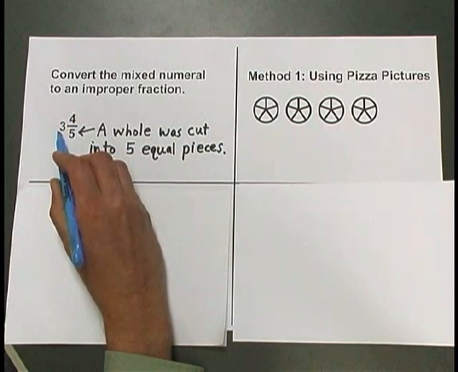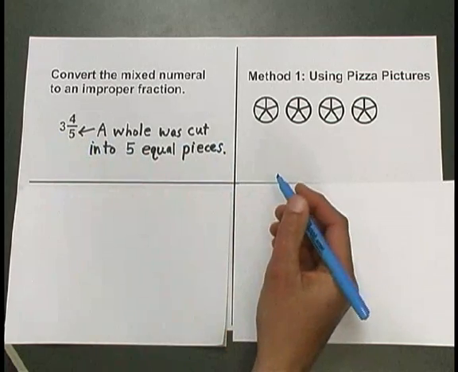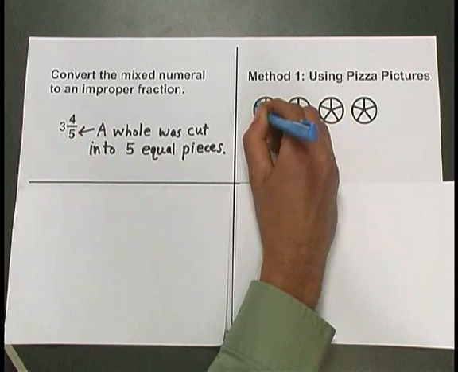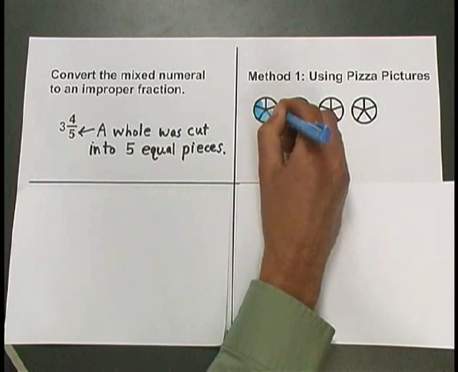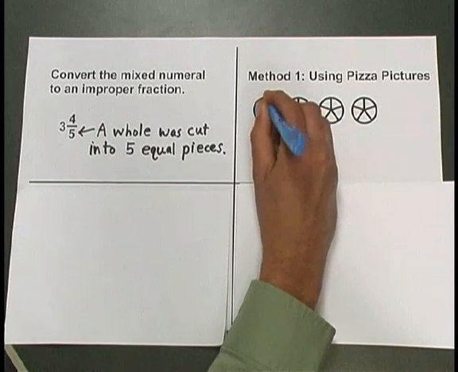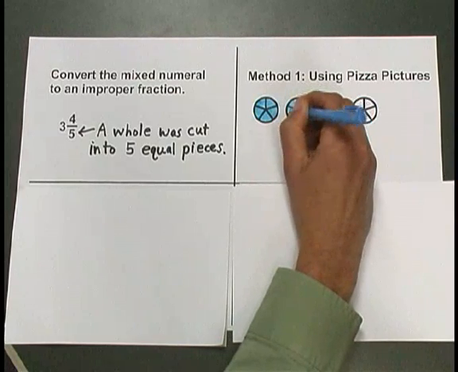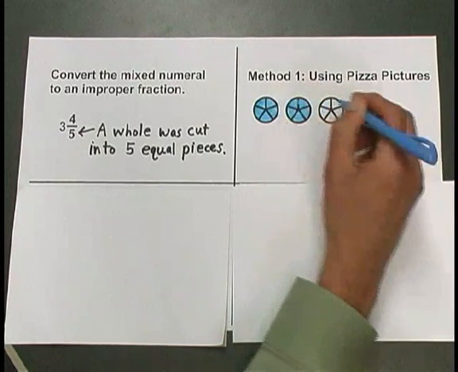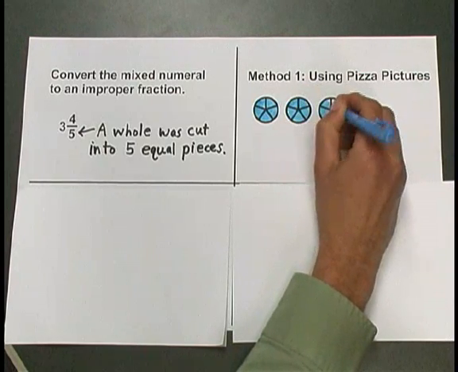The whole number 3 tells me that I should shade 3 whole pizzas. Here's 1 whole pizza shaded, 2 whole pizzas shaded, 3 whole pizzas shaded.